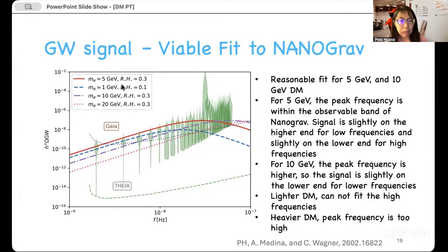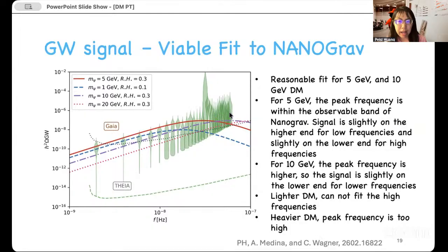And for low mass dark matter, say this blue one, the 1 GeV dark matter, the peak frequency is in the middle of the NANOGrav band, so it cannot really give a good fit for the high frequencies.